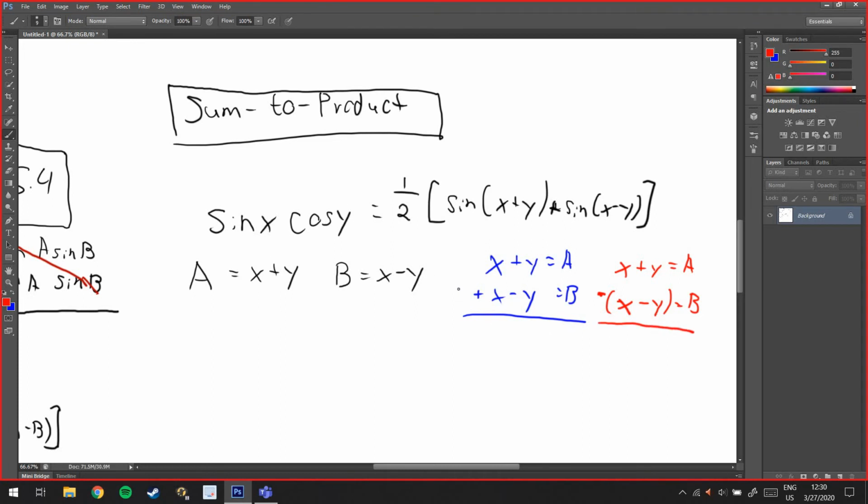So first, x plus x is just 2x. Y plus negative y is 0. So I'm going to get 2x equals a plus b. And then I can sub in for x. X is equal to a plus b over 2.